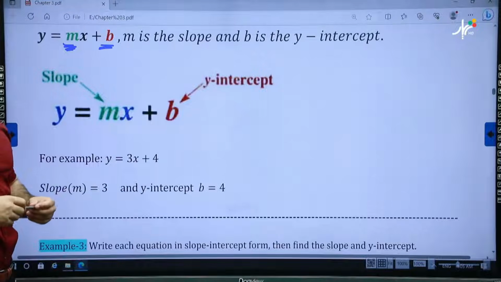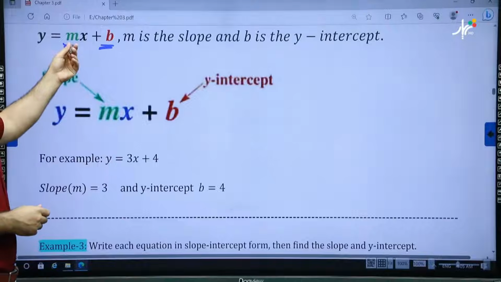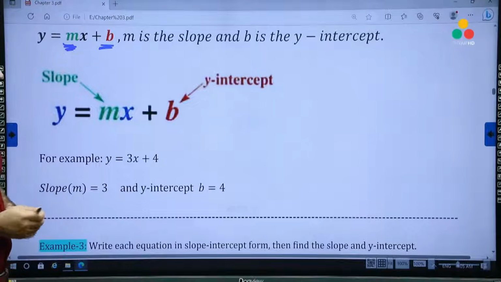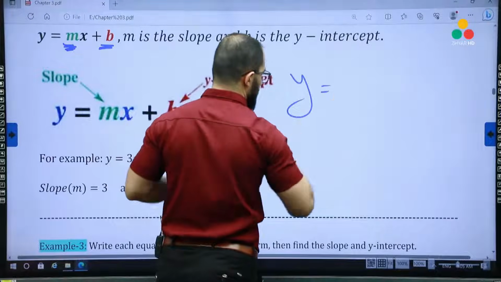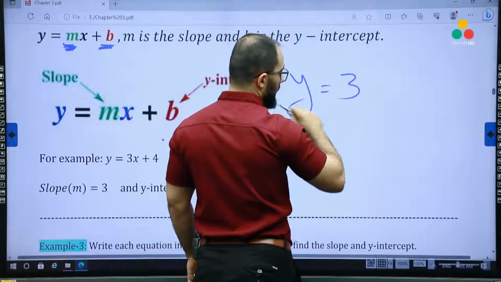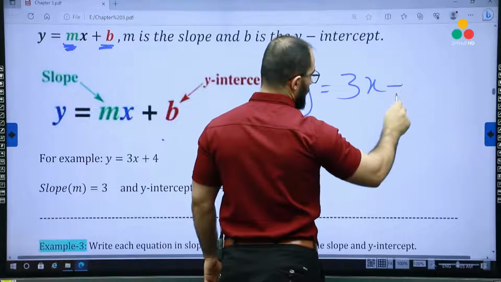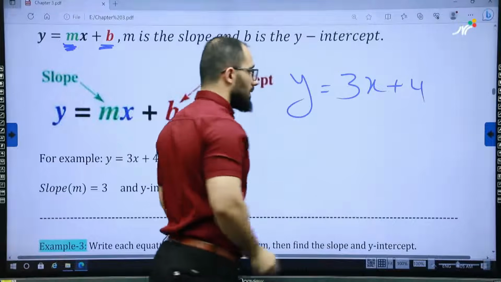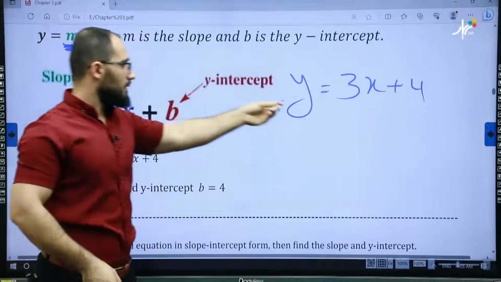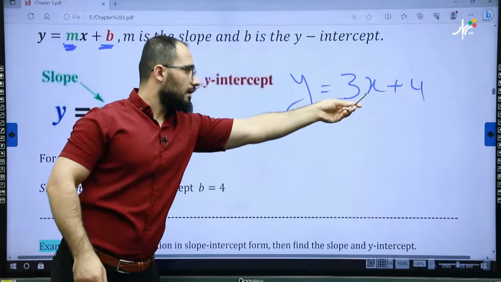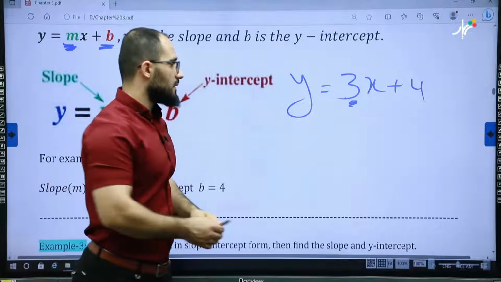Always the coefficient of x is the slope. For example, I'm going to write y is equal to 3x plus 4. If you compare to the general form, x has the coefficient 3, so this is m.